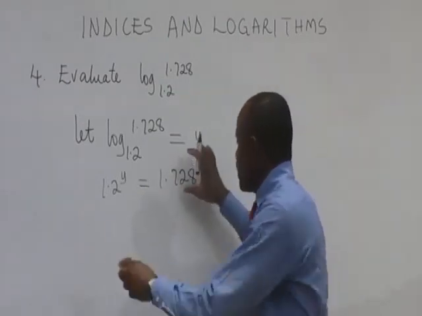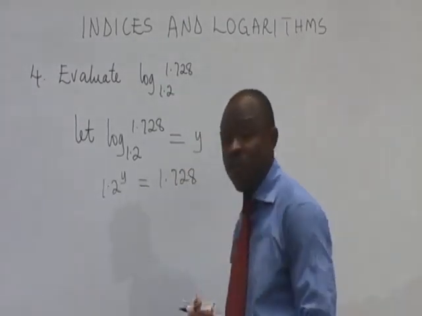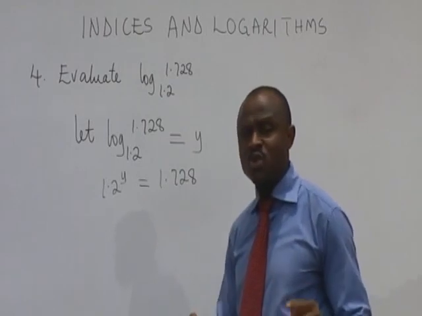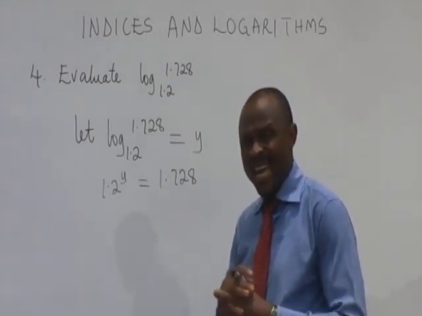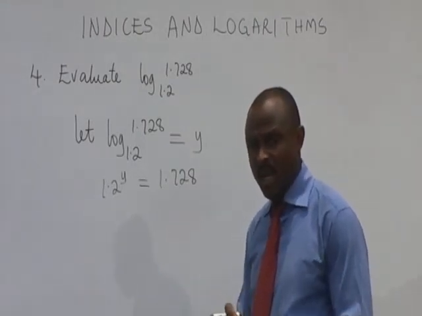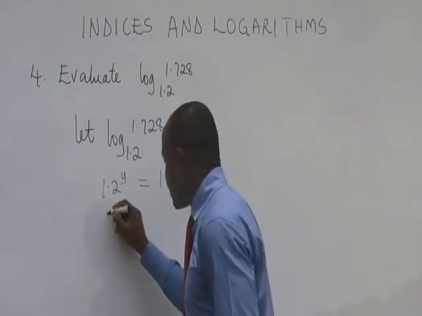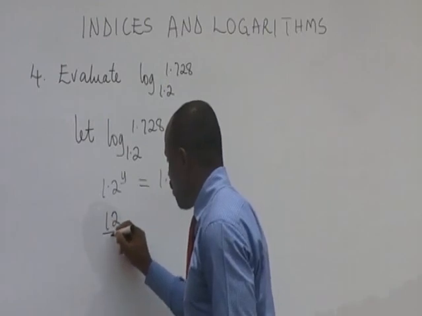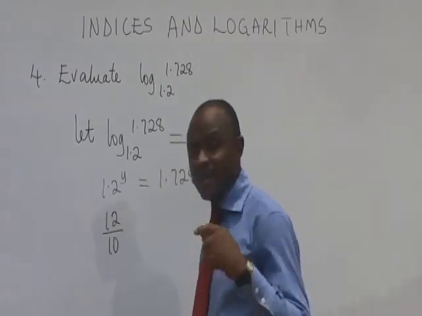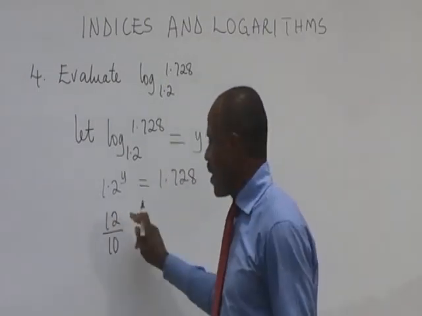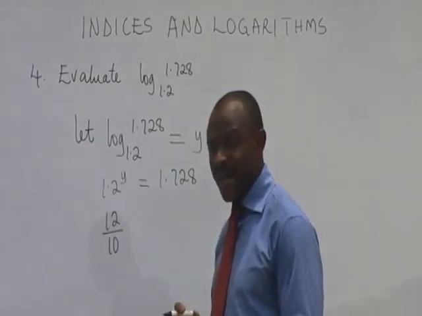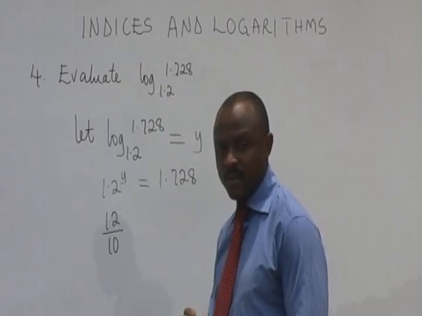You are going to change the decimal numbers into fractions so that you can transform it into index form. When you are doing that, you are going to find out that 1.2 is the same as 12 all over 10. I suppose you know how to change decimal numbers into fractions.